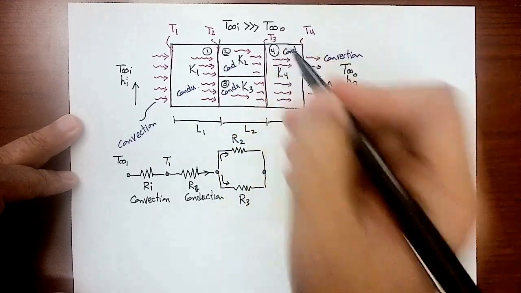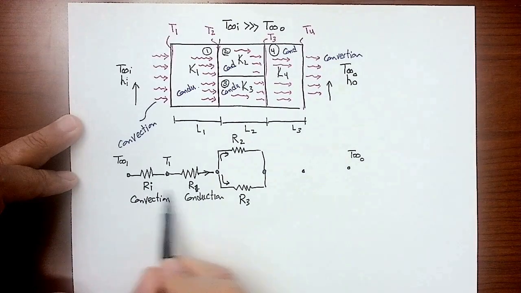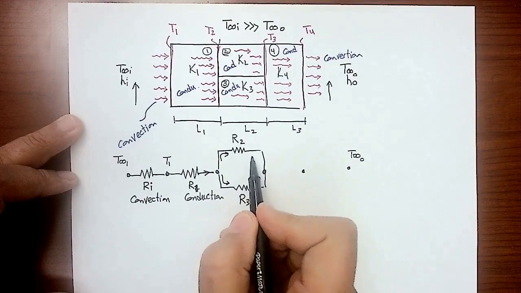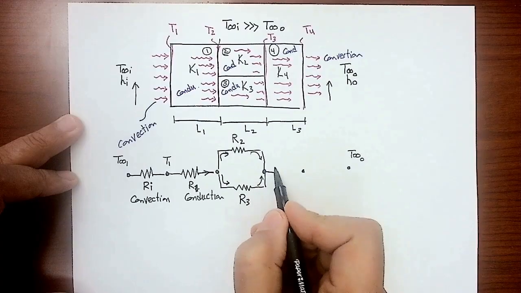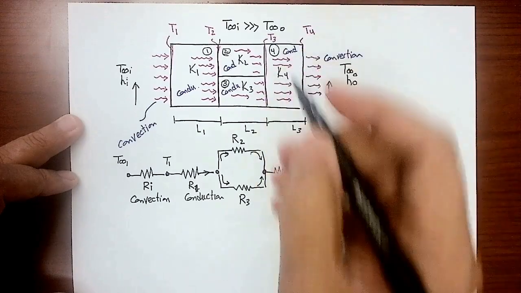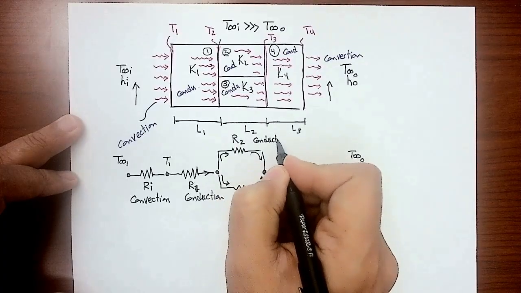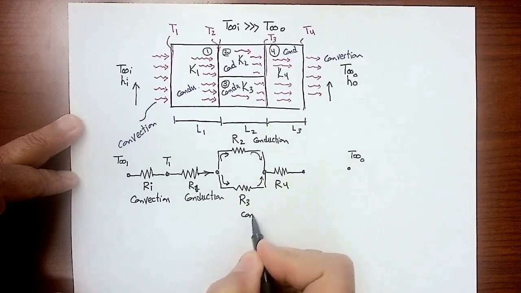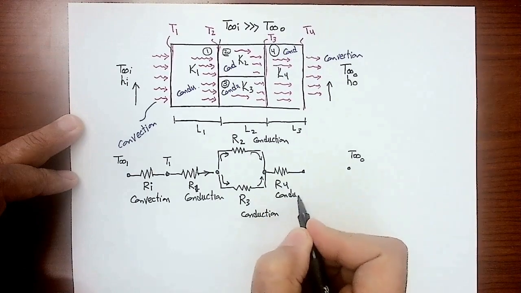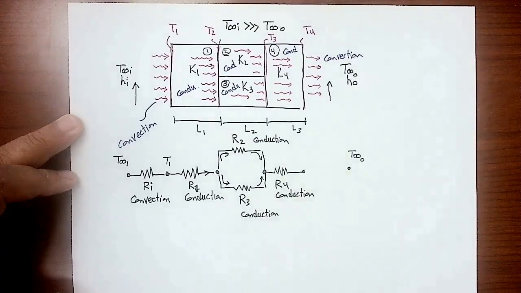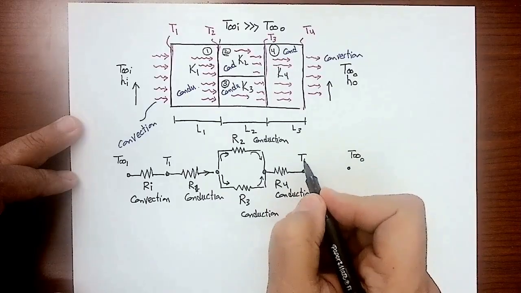So that's representing T3. Then the whole energy going through Ri and R1 will continue on the other side. We will collect the two parts of energy here and go through block number 4 with resistance R4. This is conduction resistance. The lower one is still conduction resistance. Then R4 is also a conduction resistance. Then the total energy reaches face T4.